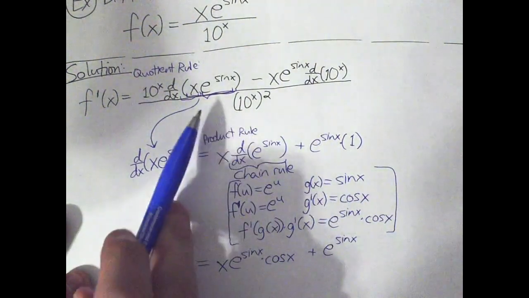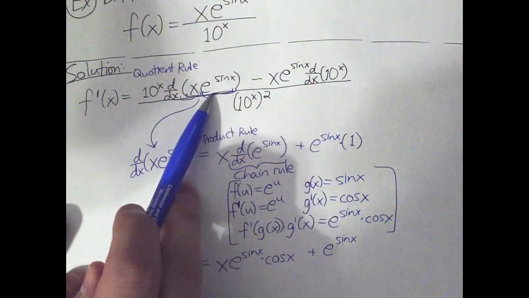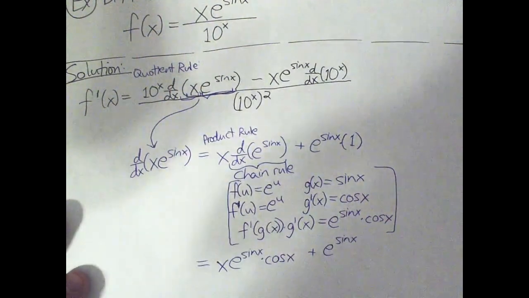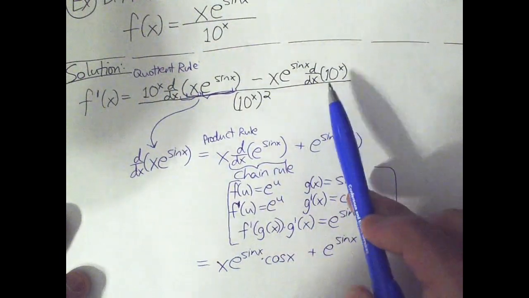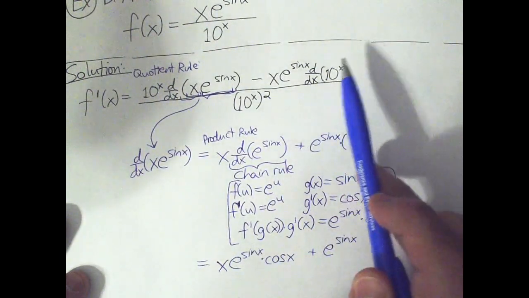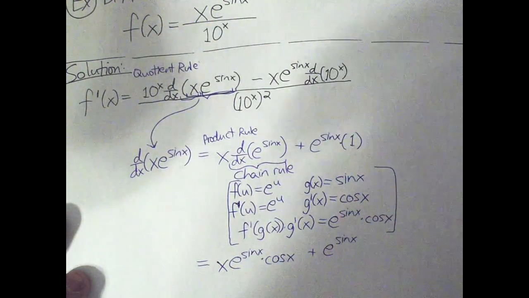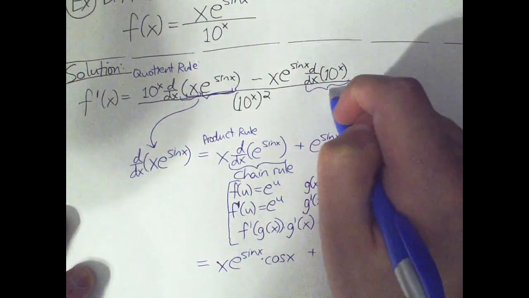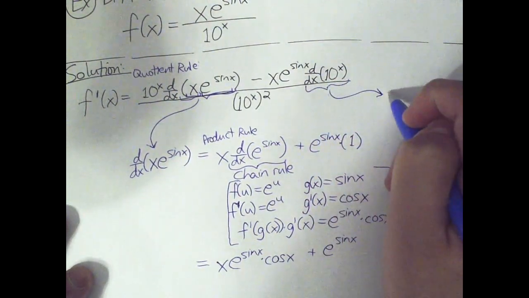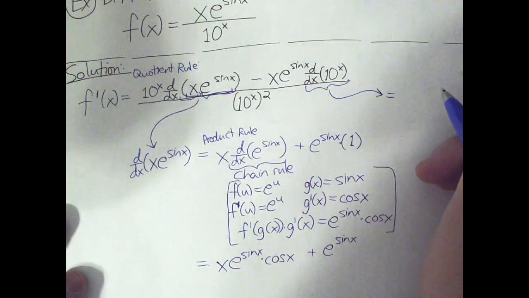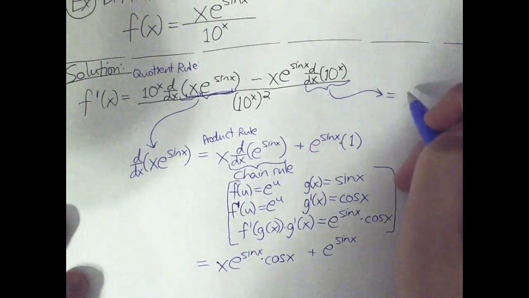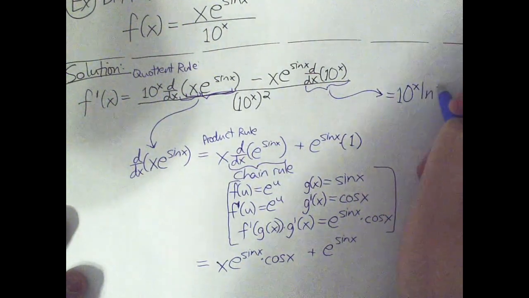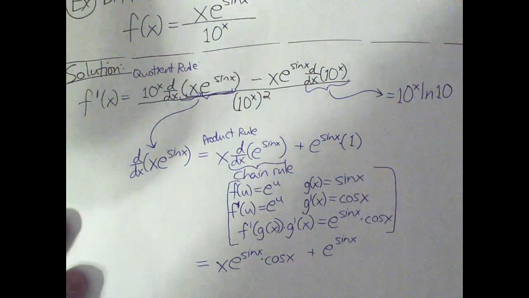So we found this part that I said was going to be the hardest part of the problem. We just found it. So we need to kind of piece everything back together. But before we do that, let's also figure out this derivative here, d dx of 10 to the x. There was a derivative rule for a to the x. So 10 to the x ln 10 is going to be that thing.